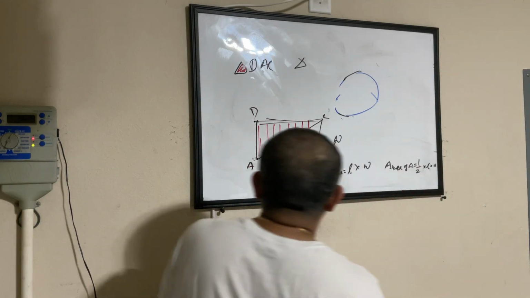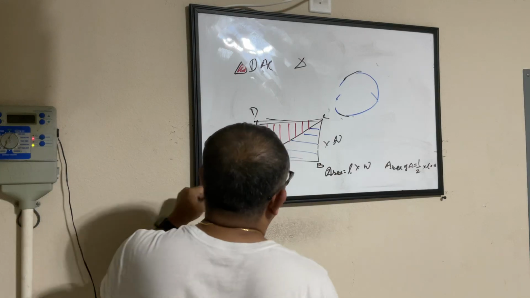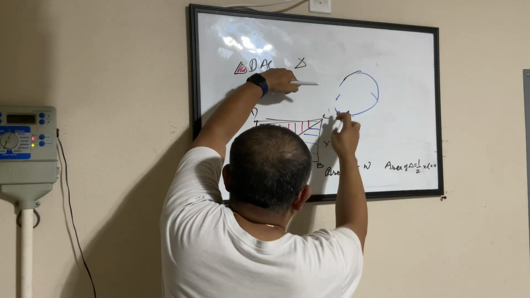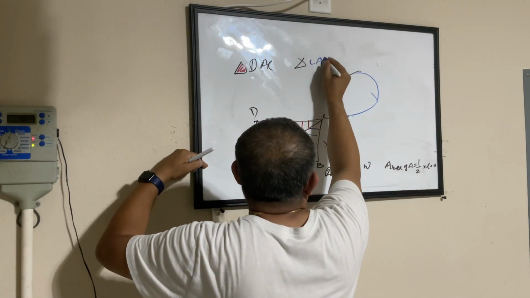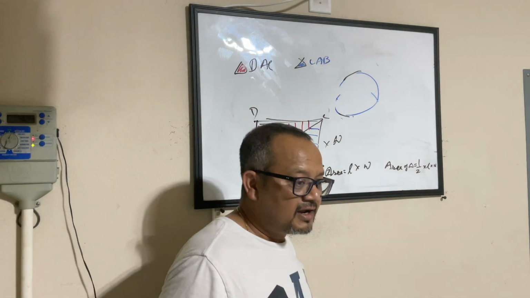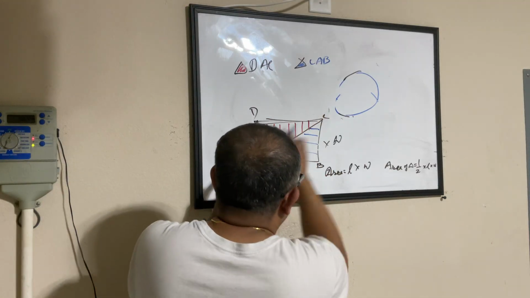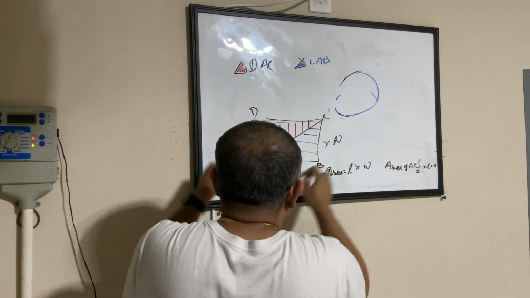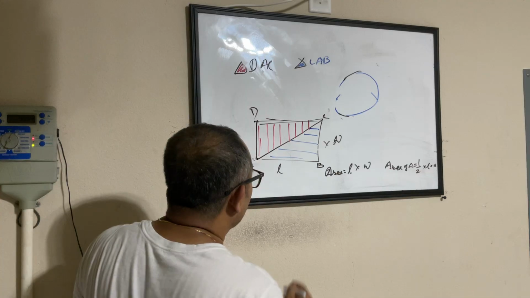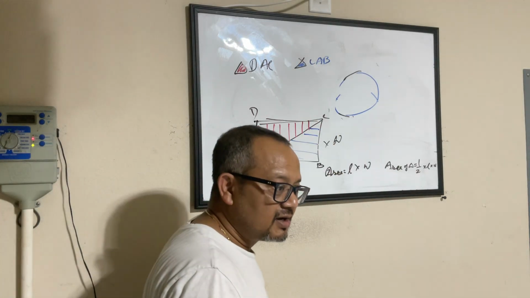And this one is blue. The second triangle is CAB. I am making this blue. Clear, right? Now I am saying the area of this triangle, let's say ABC, is half of the total area. And how will that be possible when I know that this area is equal to this area, correct?